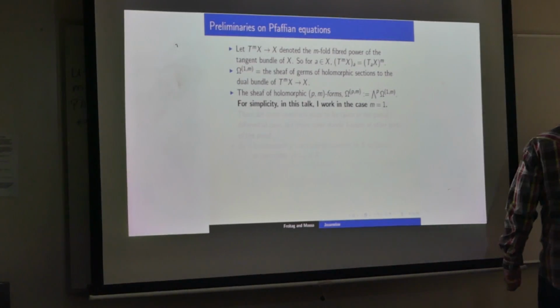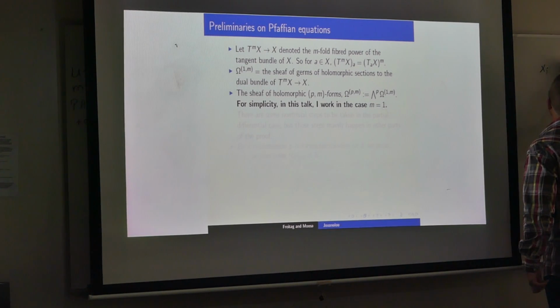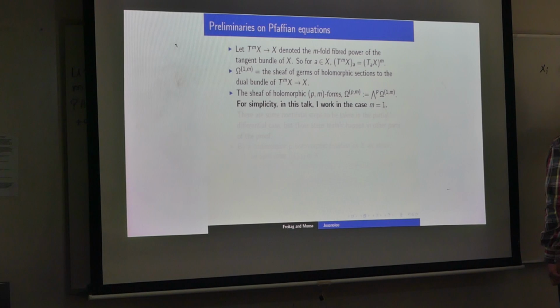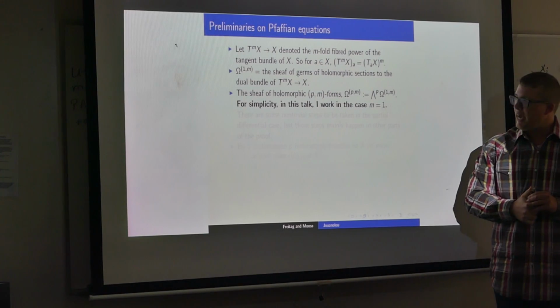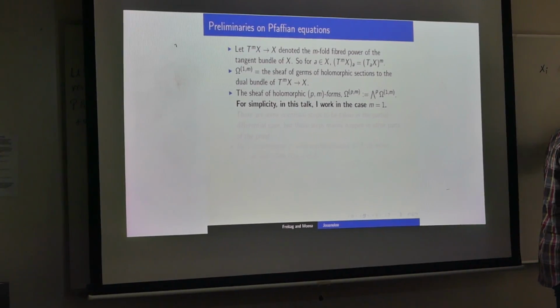And if that's the case, if you have some local coordinates xi on X, then you can think of it locally, for some p many local coordinates on X. We can think of the objects in here as being locally given by the wedge product of these forms.